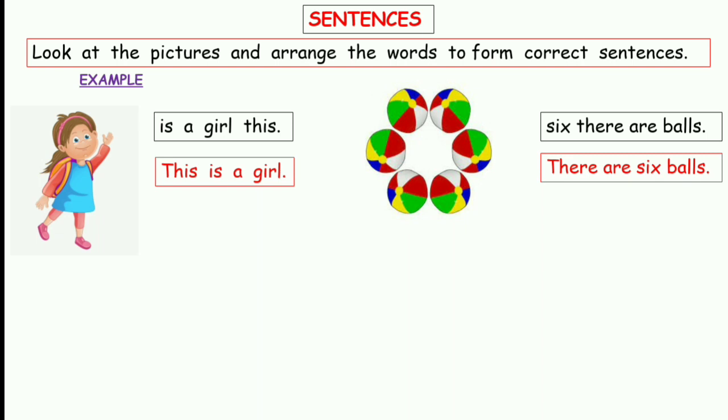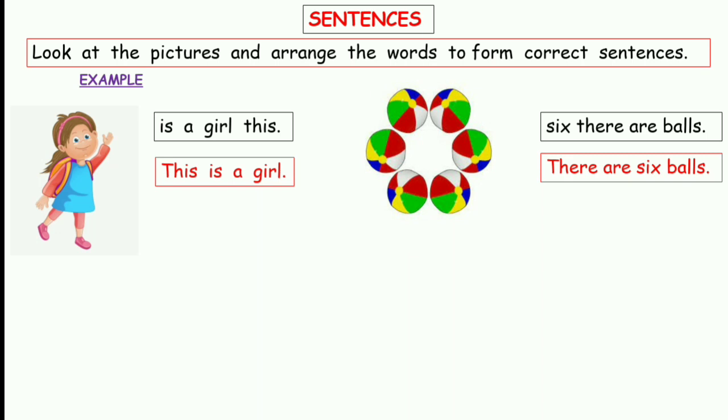If you have noticed, in both these sentences I have used the same words that were in black. I have only arranged them correctly. I've put the words in the correct order and written them to frame a correct, meaningful sentence.